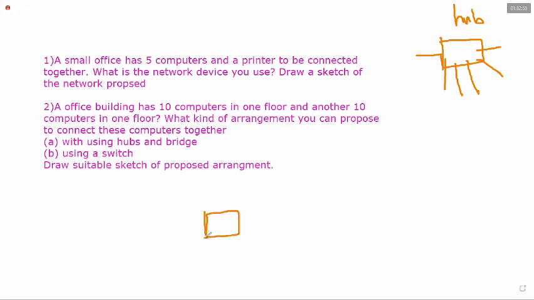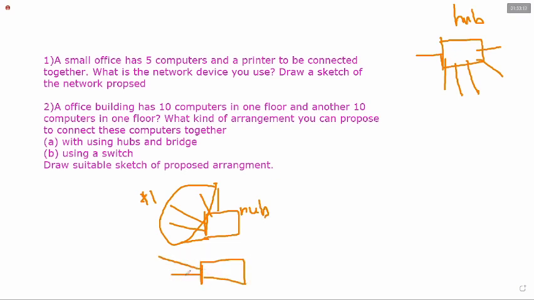So one floor's devices we can connect to one hub, so there will be 10 computers here on floor 1. You keep one hub at floor 1 and another hub at floor 2, and then connect these two with a bridge, right? So that is the first option.